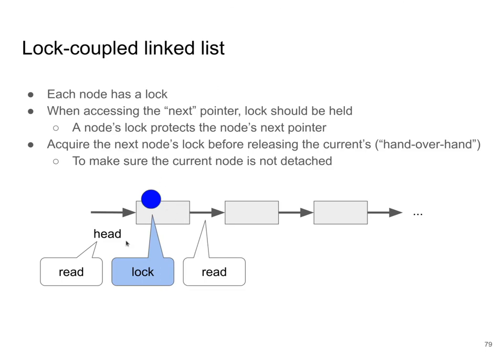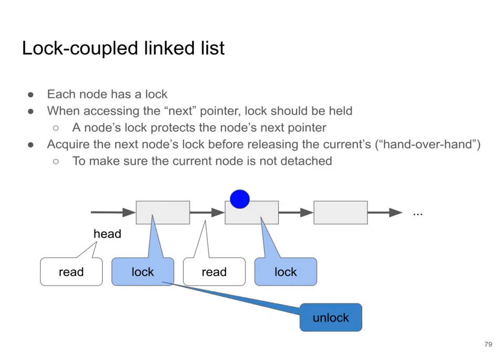This is because the next pointer is protected by this node's lock. That's the reason why you need to acquire the lock before reading the next pointer. And you need to acquire the next node's lock, and only after that can you unlock the previous node's lock.